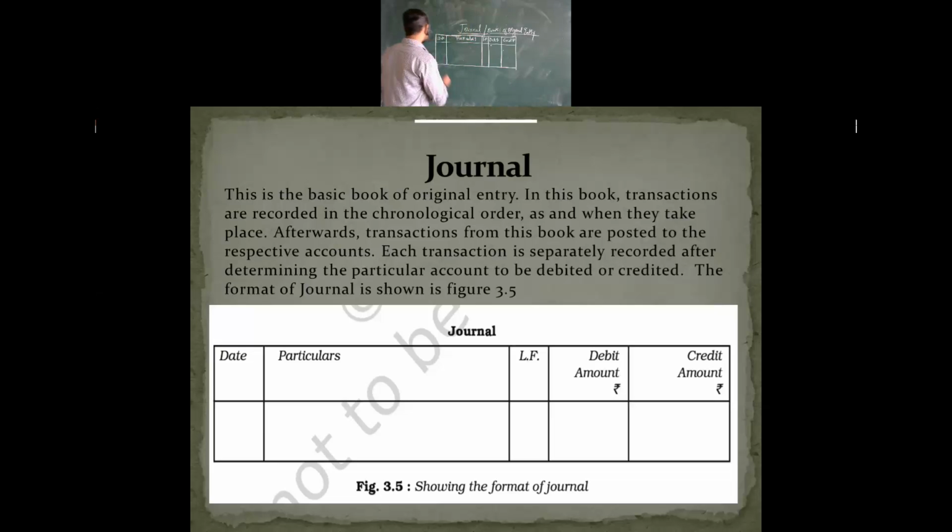Now on 1st January 2017 one transaction is taken, then 13th January 2017, then 8th January 2017. Now the first transaction will be recorded first, then second, third.